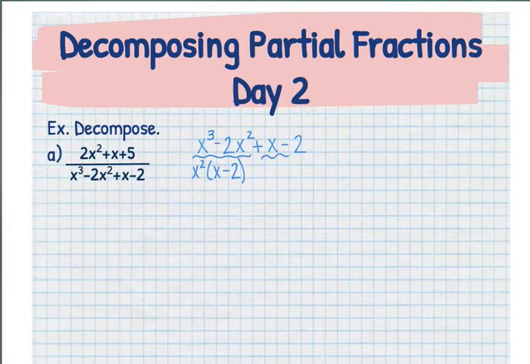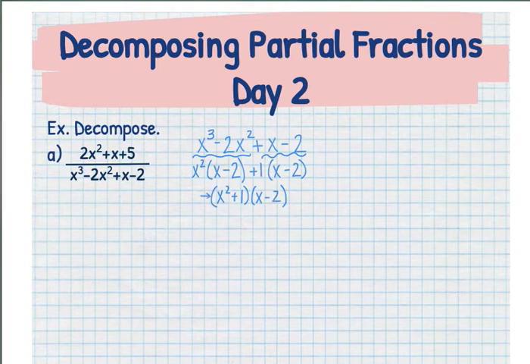Then we look at the greatest common factor of the last two terms, and that's 1. So we're left with x minus 2 in parentheses. So that factors down into x squared plus 1 times x minus 2.